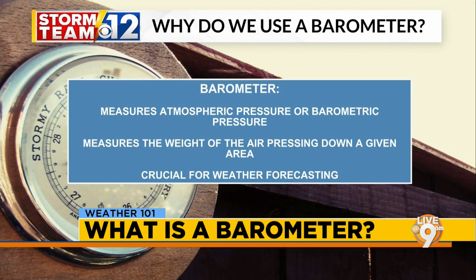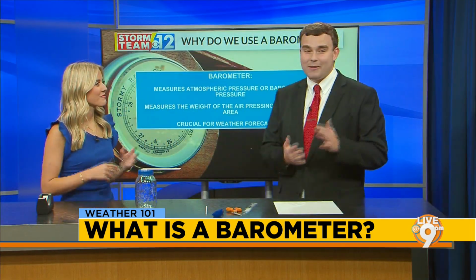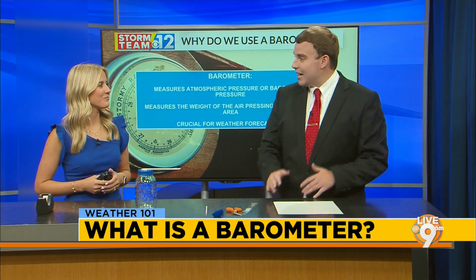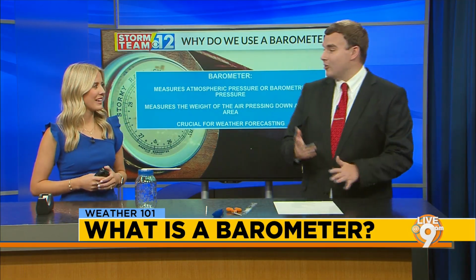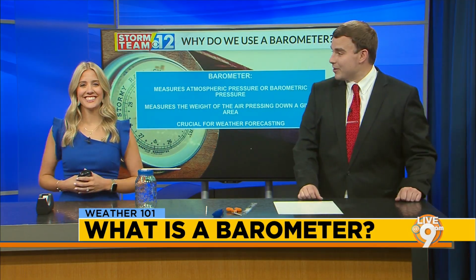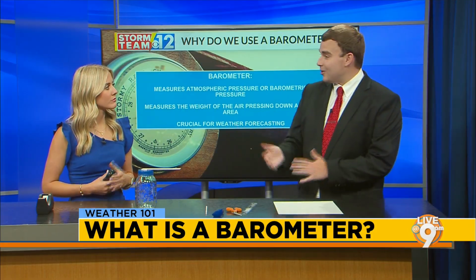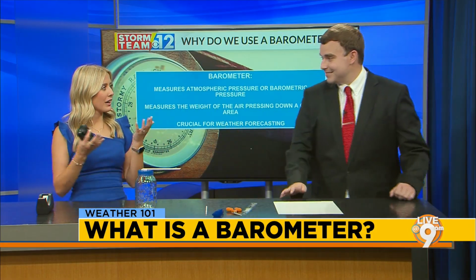So sometimes we'll say, oh, we're having high pressure right now. Well, high pressure means that we've got more air sinking towards the ground. And whenever we have that sinking air, we'll have pleasant weather conditions. Most of the time, clear skies or mostly clear skies. But on the other hand, whenever we have low pressure, we have air rising.